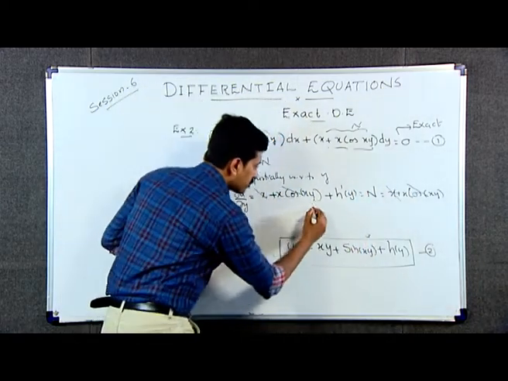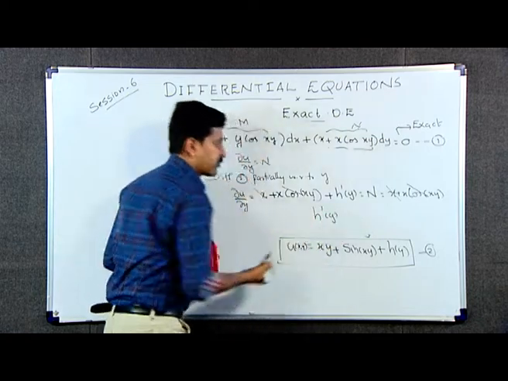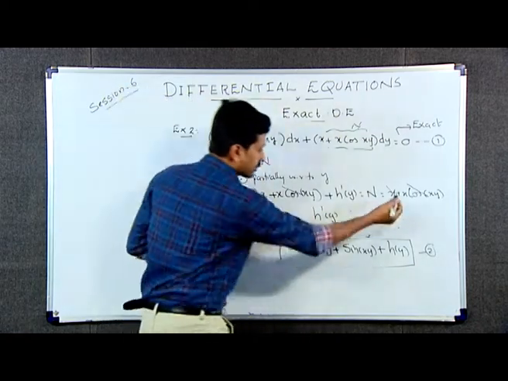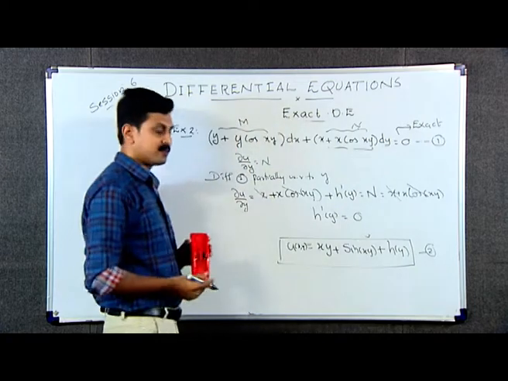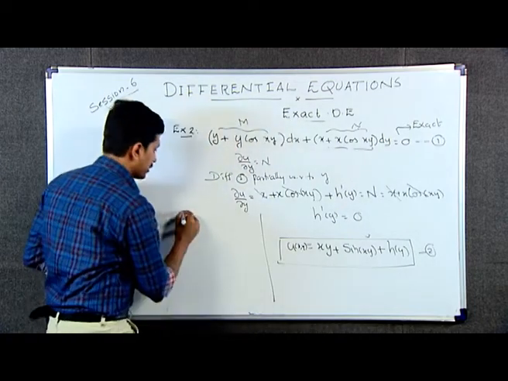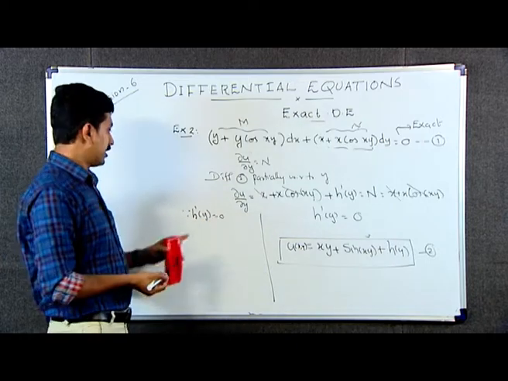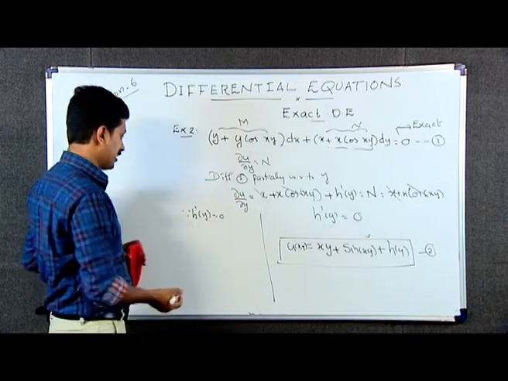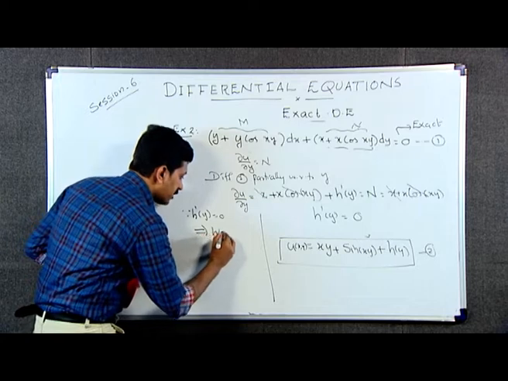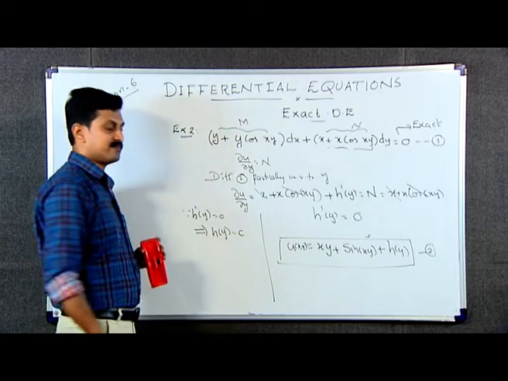So here it remains only h'(y), and h'(y) is equal to 0, which means h is a constant function. This implies h(y) is equal to c.